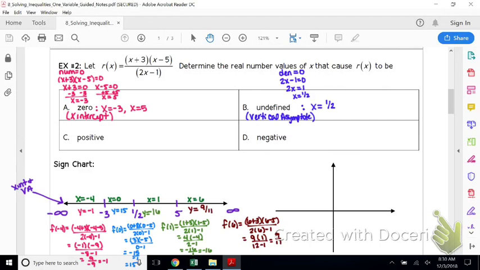Is anybody actually working these out? Did you get the same thing for 6? Okay, I was a little iffy on that one. Just want to make sure.